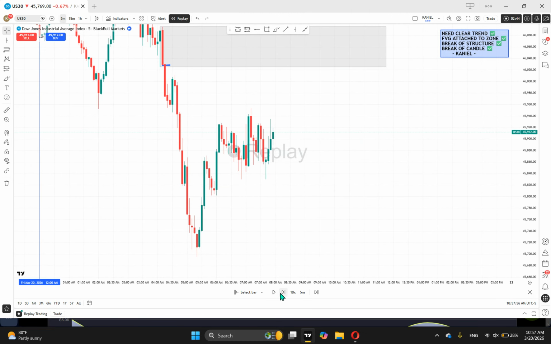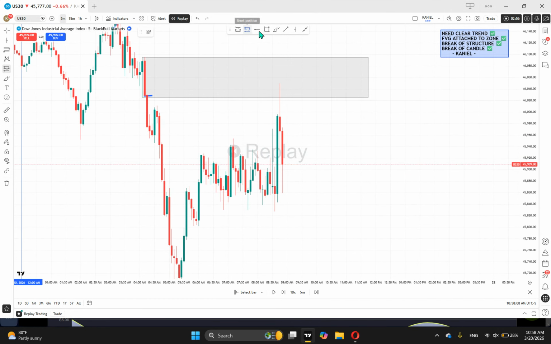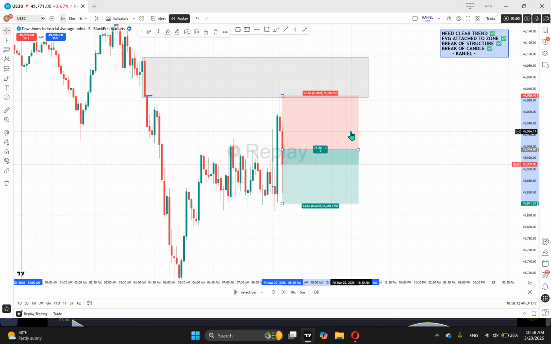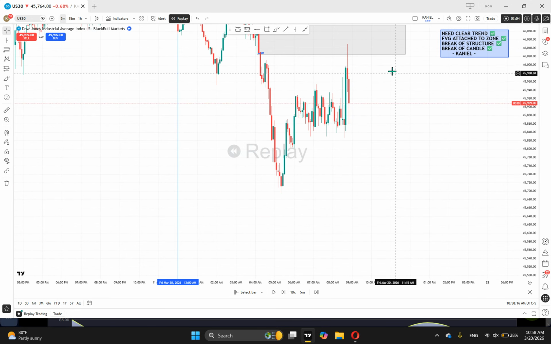Alright, let's play it out. As you can see, the market gave the top a good rejection and we would enter on the break of candle. Before that though, we also need the break of structure.